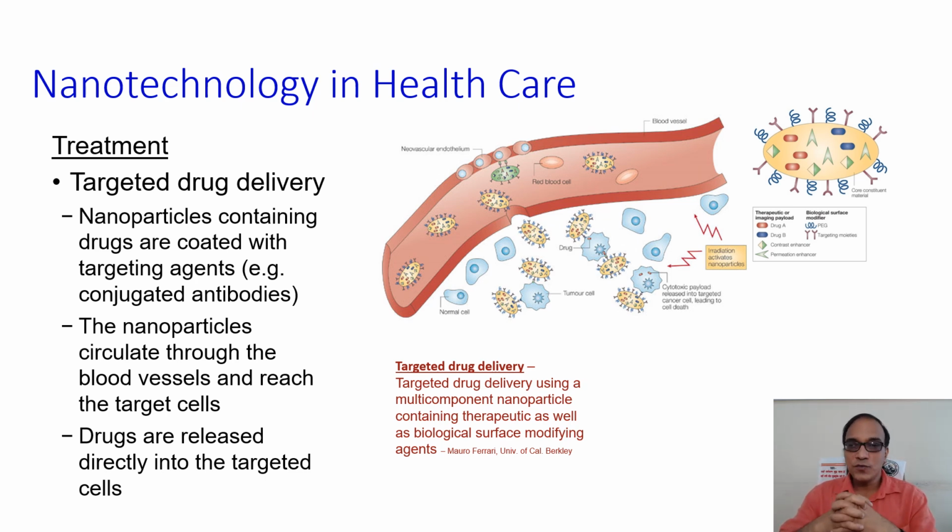So in this way, as you can see in this diagram also, the nanoparticles are circulating, and only at the site of action they are attached to the tumors, and then the drug is released.